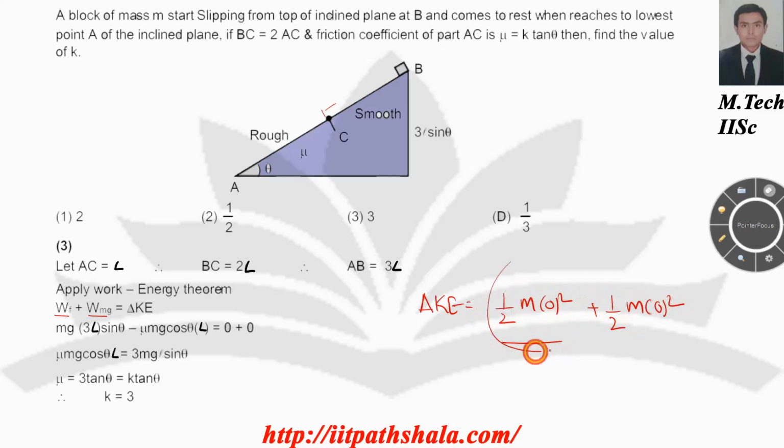Okay, so initial kinetic energy is also 0 and final kinetic energy is also 0. Now you can equate the expressions and you will land up with mu is equal to 3 tan theta. Now mu is given to you as mu equal to k tan theta. Please compare both and you will land up with k equal to 3.